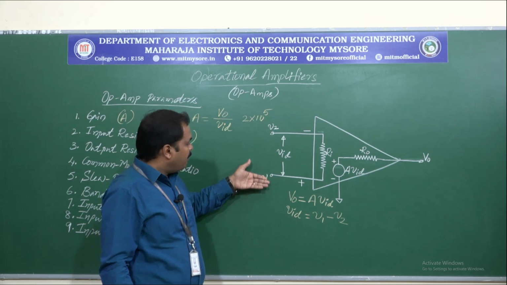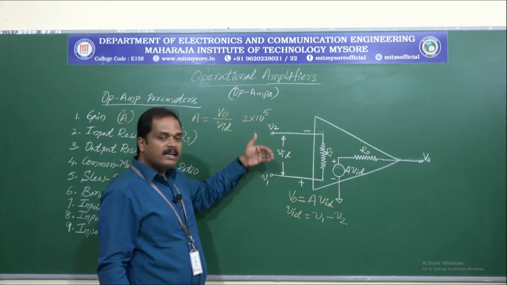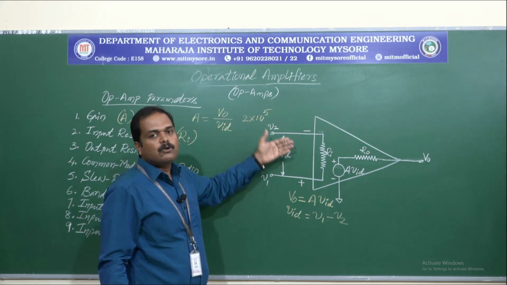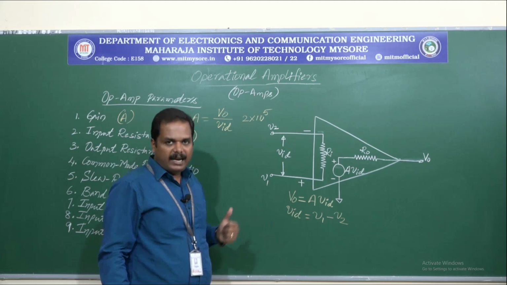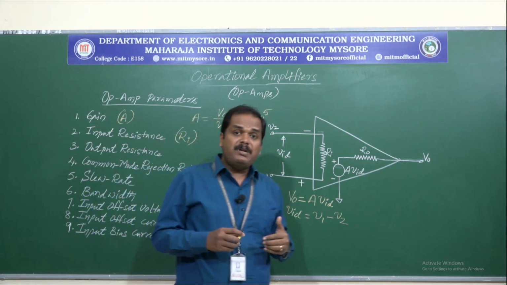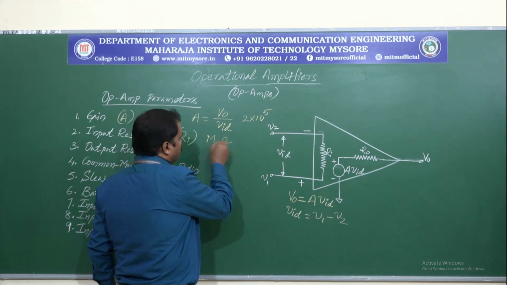I mean to say, by connecting one of the terminals to ground, if you measure the resistance at the other terminal, we will get the input resistance, which is represented as Ri. Typically this will be in mega ohms.